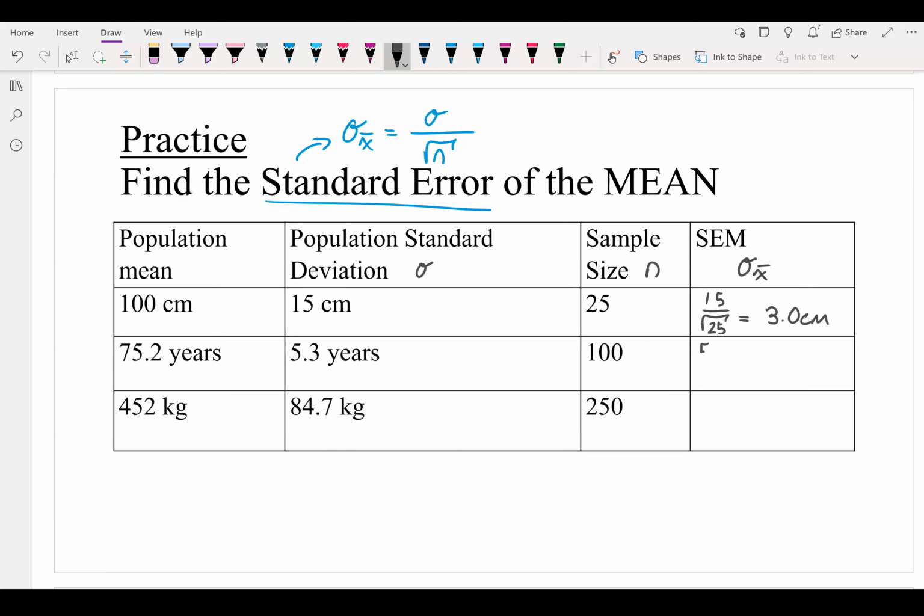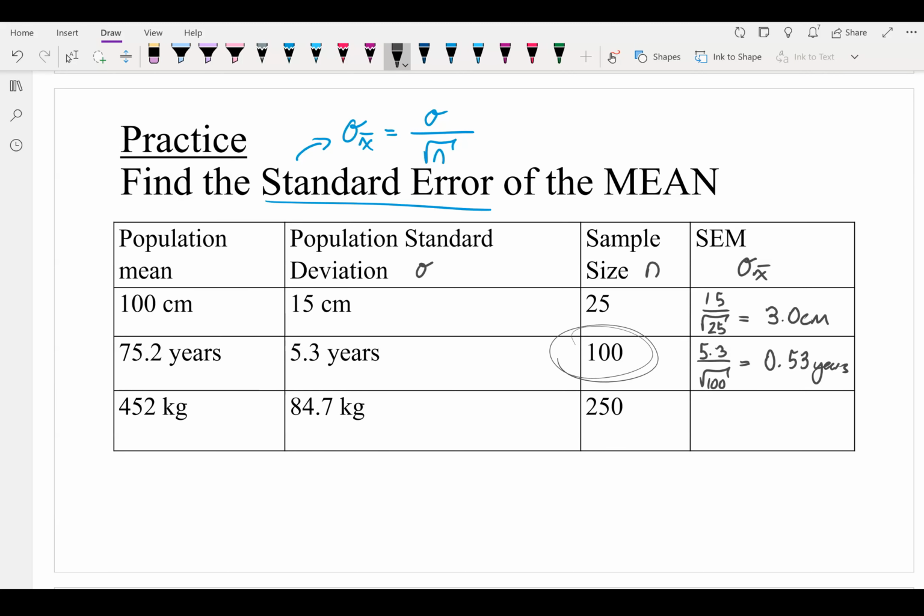You'll find that the standard deviation for this is 5.3. The sample size, there are 100 samples in each group. 5.3 divided by root of 100 is 0.53 years. So this might be the average age of death, for example, of a certain population.